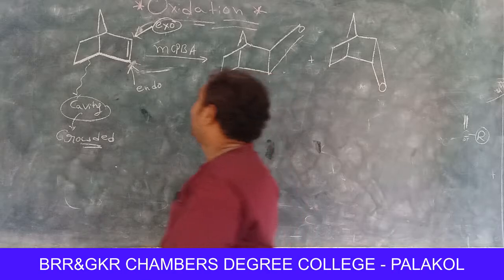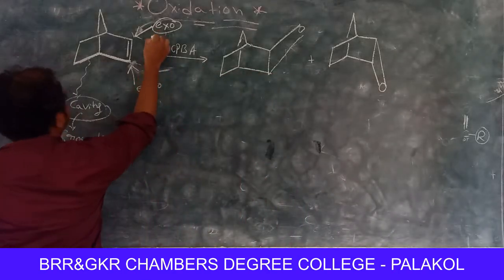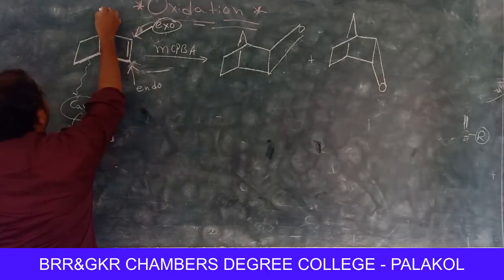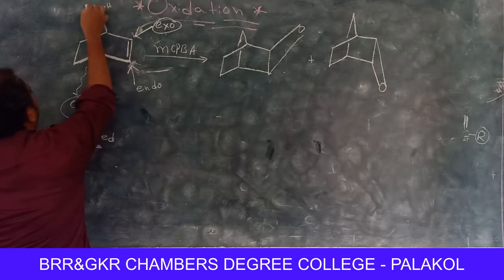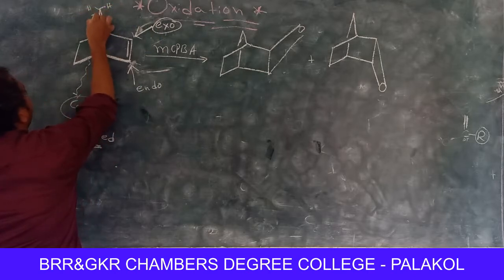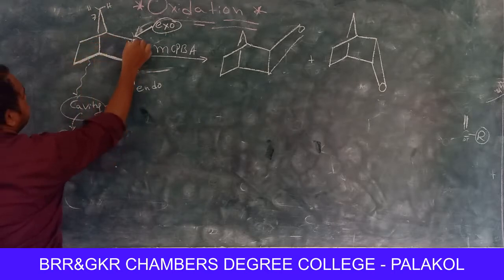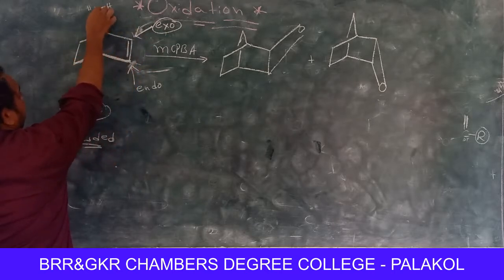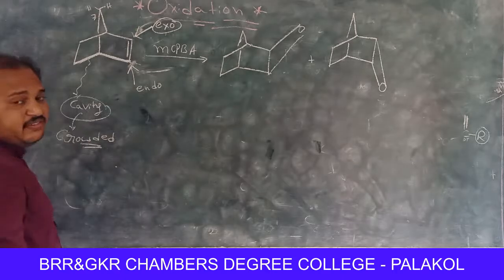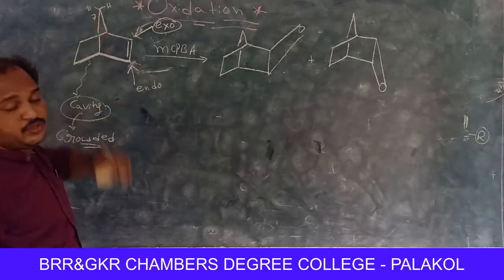Suppose oxygen is approaching from this direction. Here we have two hydrogens. This is the 7th carbon, right? And this is a 6-membered ring, 1 2 3 4 5 6, and this is the 7th carbon. At the 7th carbon we have two hydrogens.